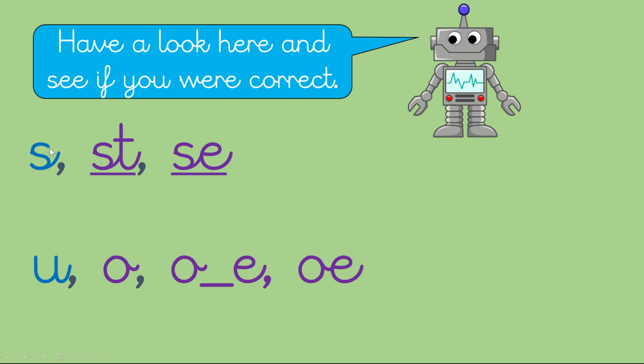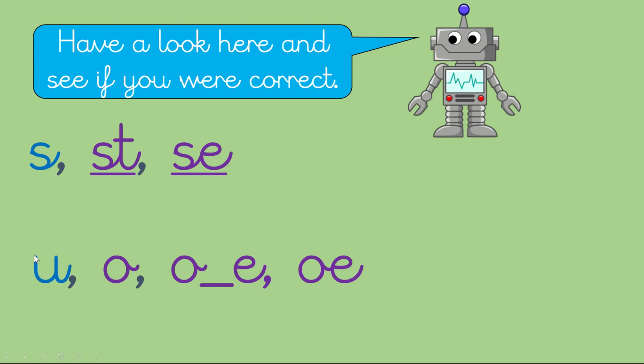So we've got the S phoneme, so we've got Rex's grapheme, and then we've got the 2 that Kathy has told us about. So the S and the T. Some words have the S and the T and it still makes a S sound. And some words have got S and E and that also makes a S sound.